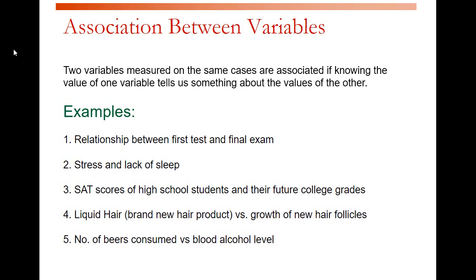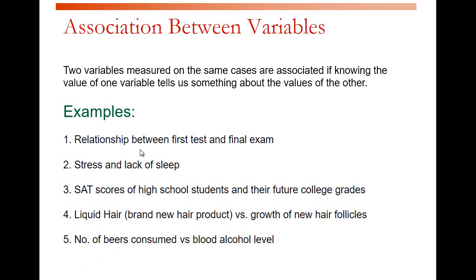The relationship between stress and lack of sleep, SAT scores of high school students and their future college grades. Liquid hair, that's a hair product, versus the growth of new hair follicles, and another example would be the number of beers consumed versus the blood alcohol level.